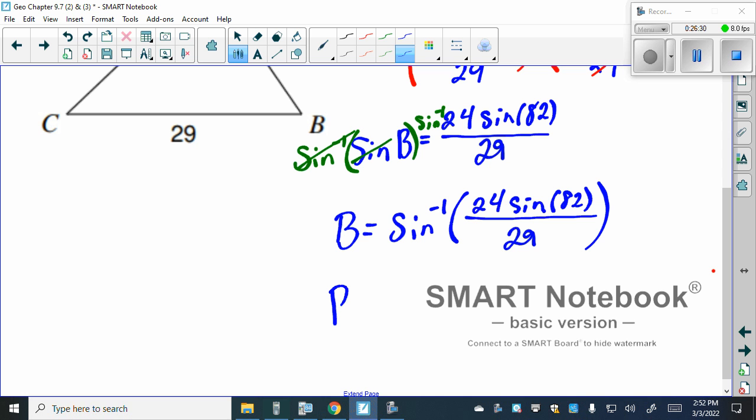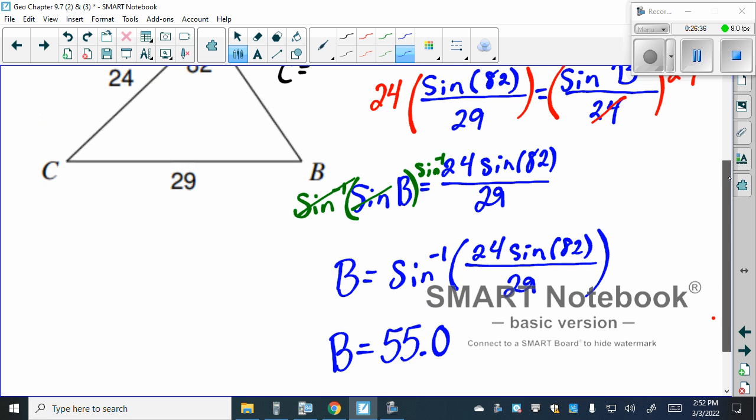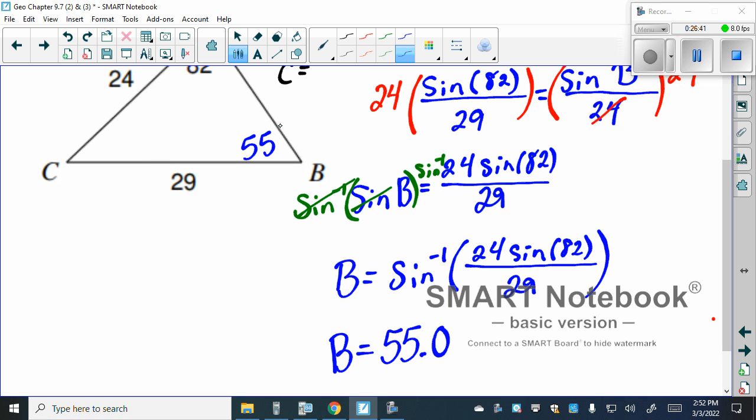So it tells us that B is 55.0. We could, yes. But any three angles in a triangle add up to be what?